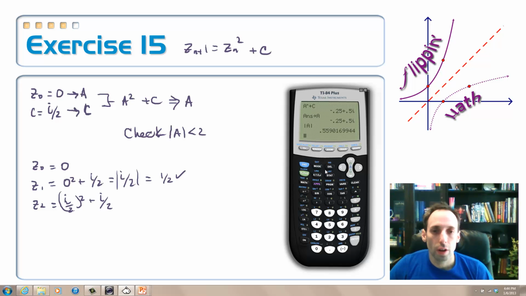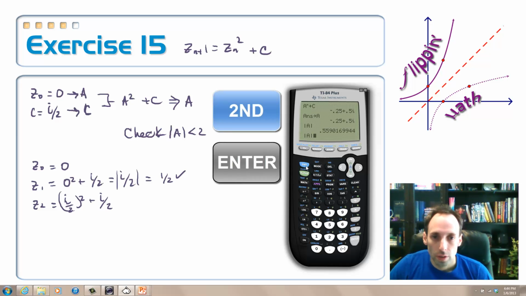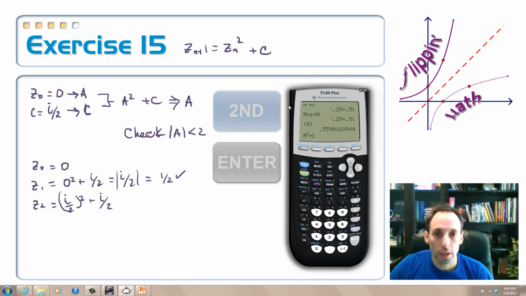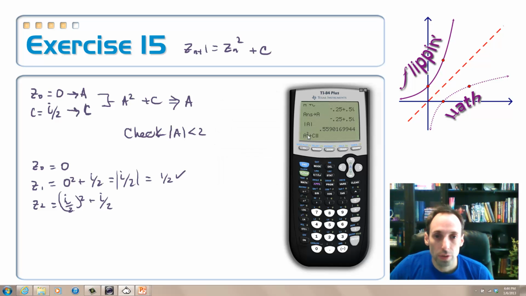Now, if you have an older calculator, the older operating system on this TI-84 calculator, instead of being able to scroll up, you'll have to hit second enter until you get what you typed in before. Okay, again, so the A value that it's going to put in there now is negative 0.25 plus 0.5i.